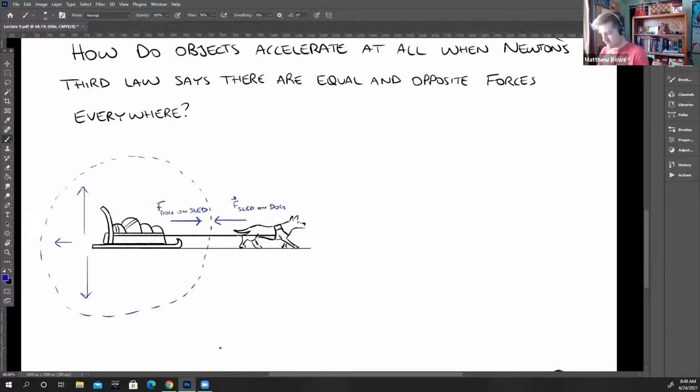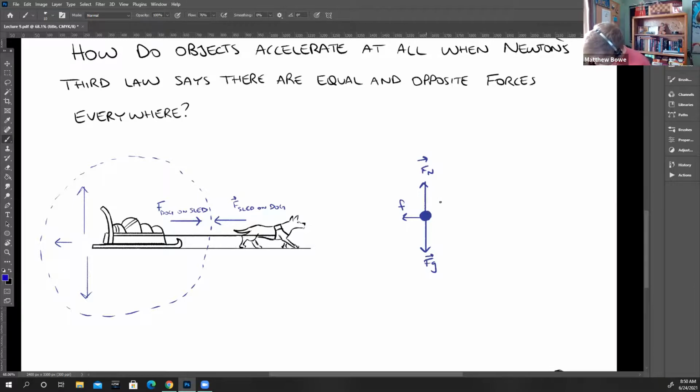So now, just looking at the sled, let's draw that free body diagram. We'll have it as just a dot. Of course, there's gravity, and of course there's that normal force holding the sled up. Just gravity, normal force. There might have been a little bit of friction. We'll just say lowercase f for now.